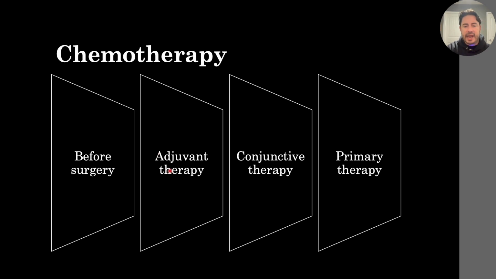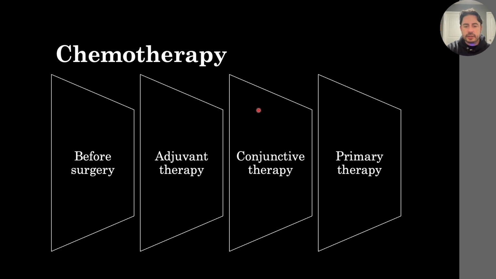The difference is with neoadjuvant, what we're trying to do is shrink the tumors. When we look at adjuvant therapy, we're actually trying to kill the foreign cells before surgery. So both of them take place before surgery, but this one is designed to kill and this one's designed to shrink.